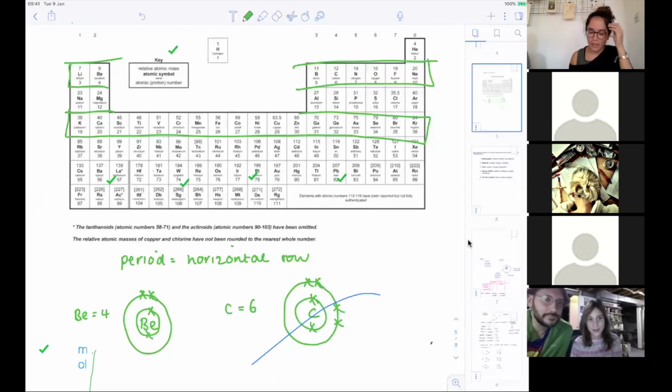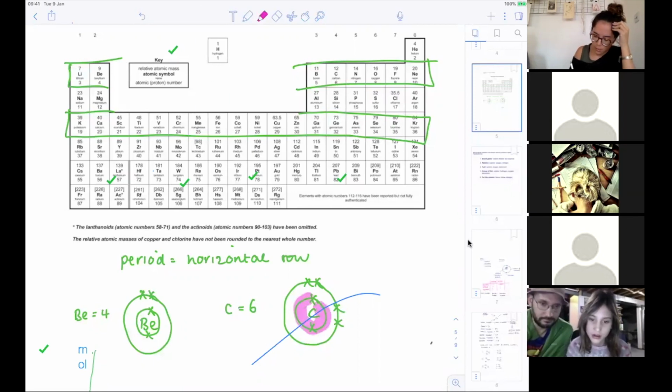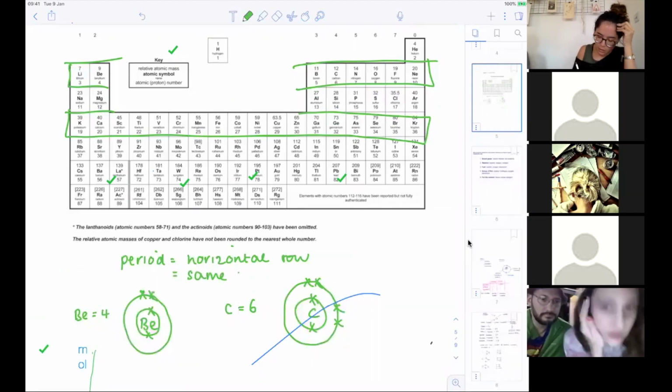So if we sit back and try and work out what's similar about these two elements, you can see that they both have two shells of electrons. Here's a shell, and here's a shell. 1, 2, 1, 2. So let's make that note: elements in the same period have the same number of shells of electrons.